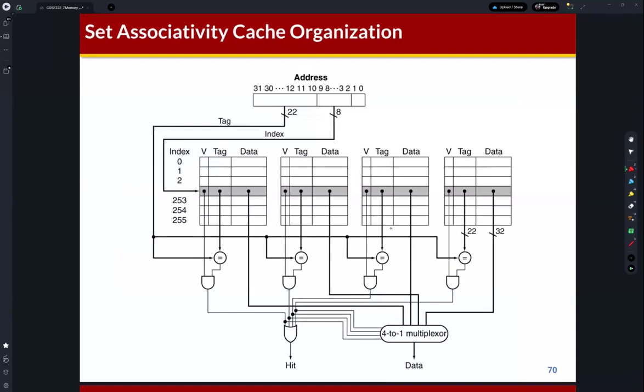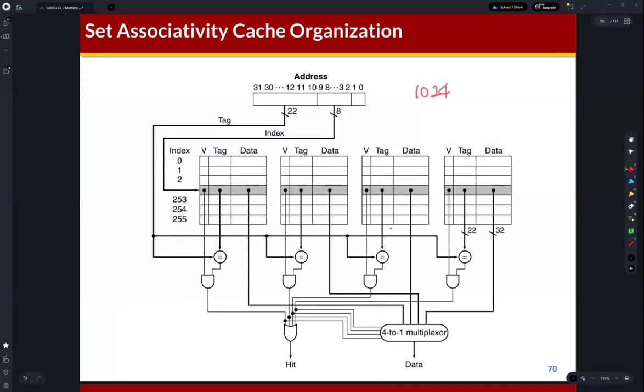So this figure shows an example of the cache organization of a set associative cache. As you can see, this cache includes a total of 1024 blocks. And then what is the set associativity of this cache? How many sets are in this cache?